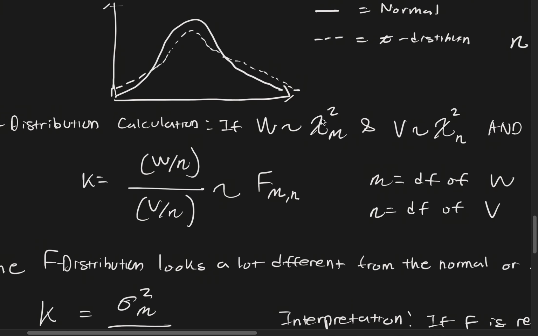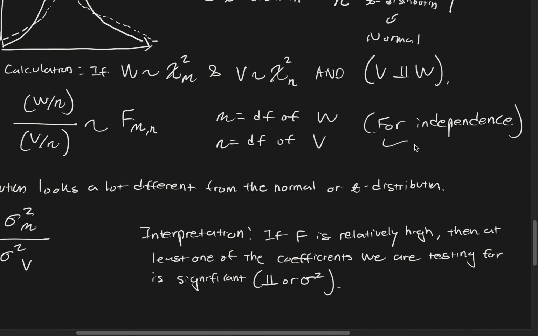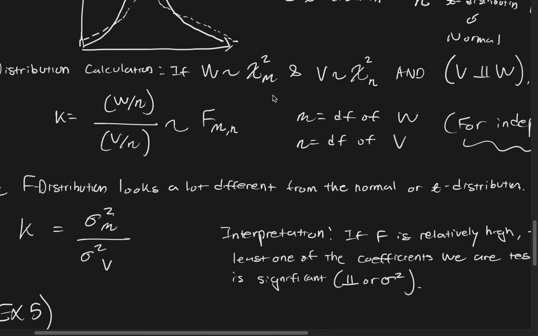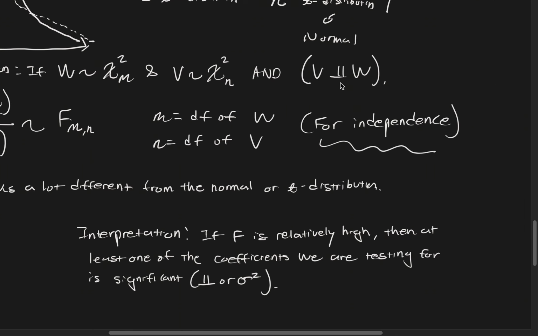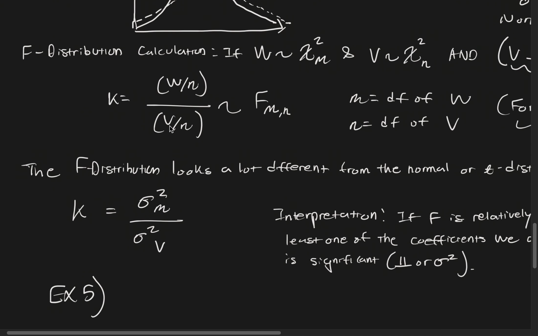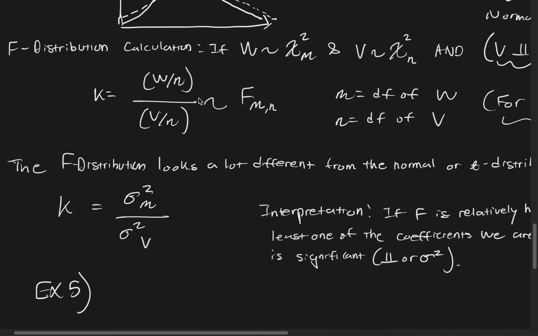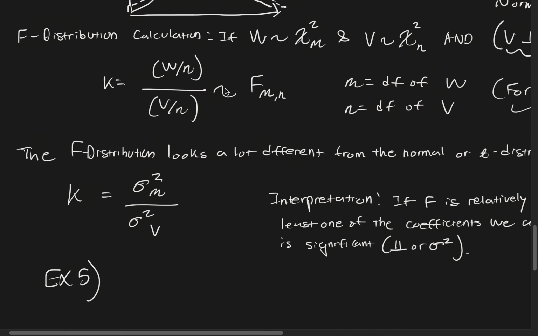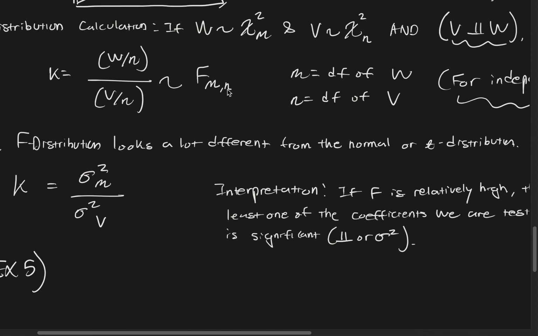All right, for the F-distribution calculation, if we are testing for independence, and both of the variables are assumed to have a chi-square distribution, where the variables are independent from each other, then the k statistic, if we notate it as k, can be given by this formula right here. The W statistic divided by the degrees of freedom, all divided by the other W statistic divided by the degrees of freedom associated to that variable.